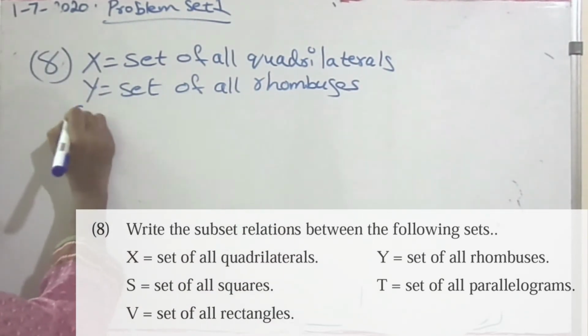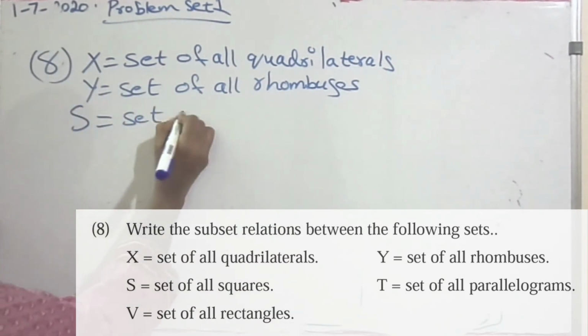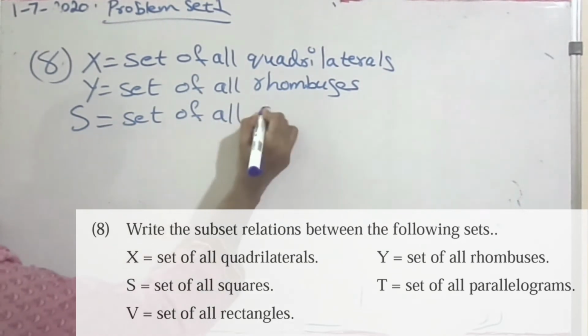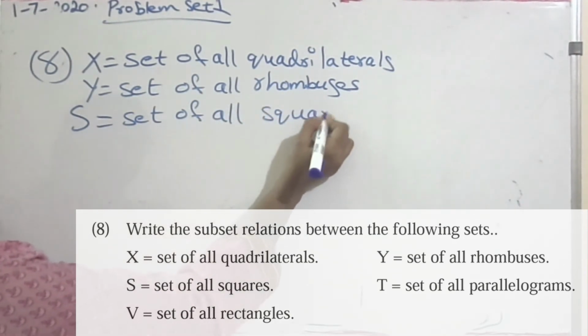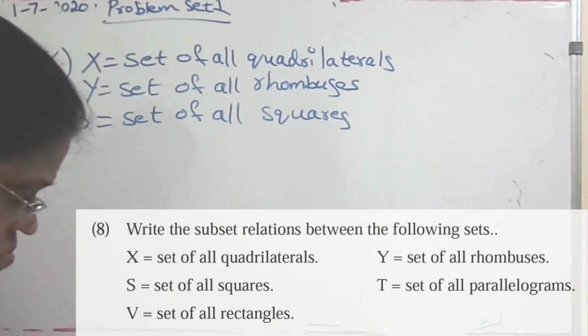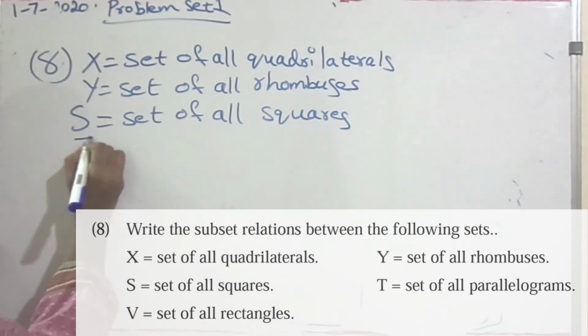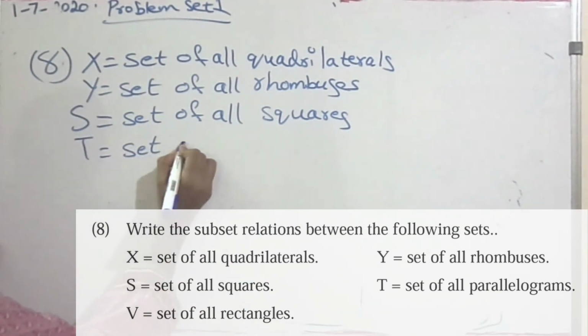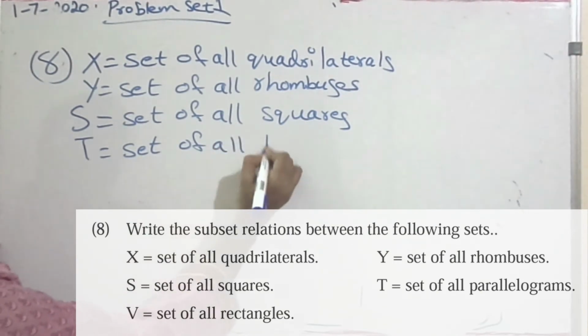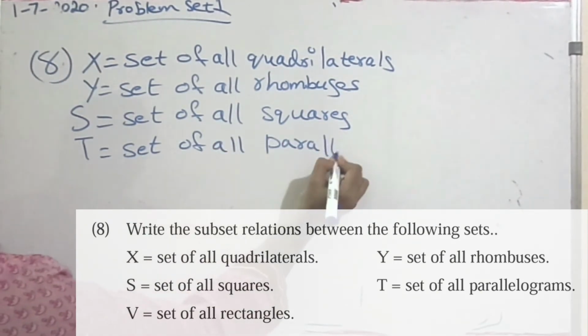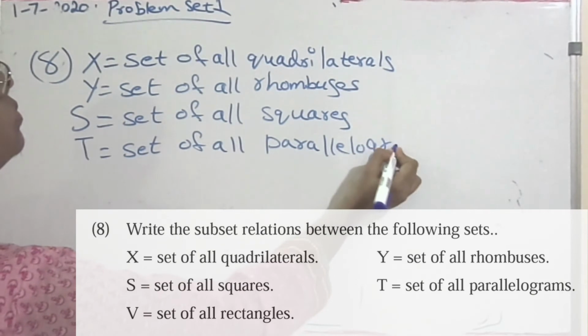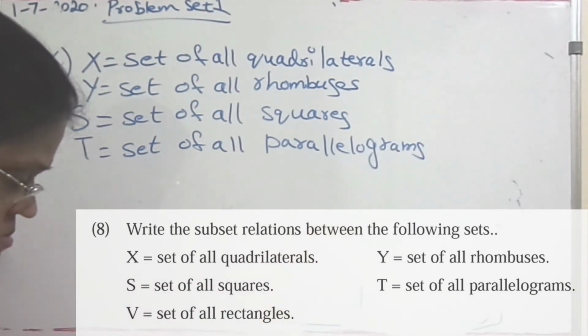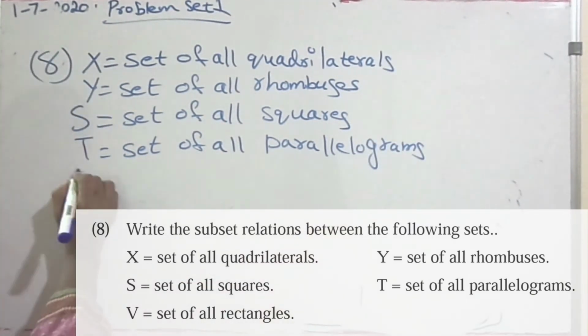S is set of all squares. T is set of all parallelograms. V is set of all rectangles.